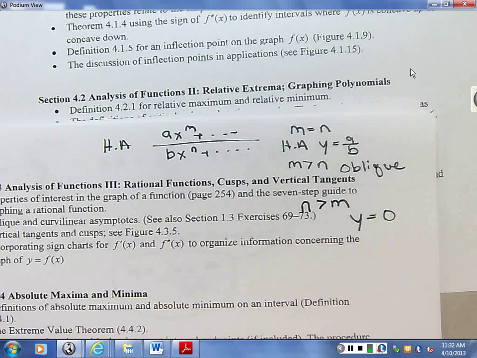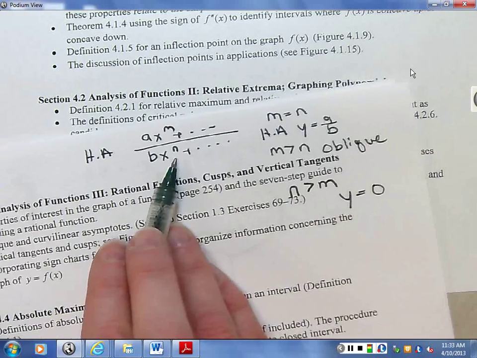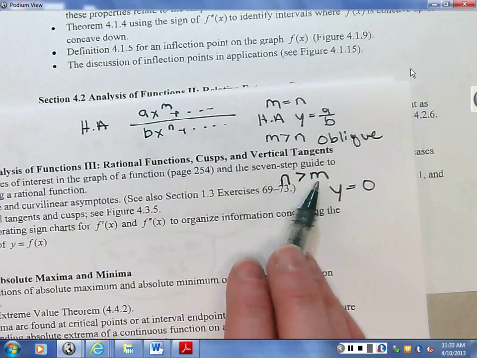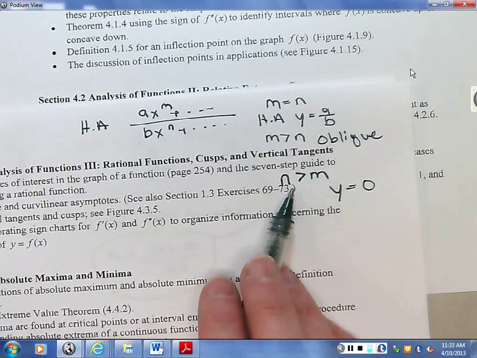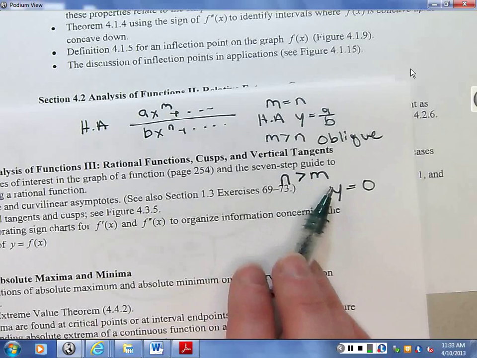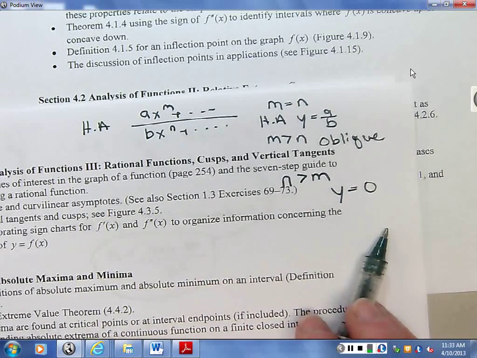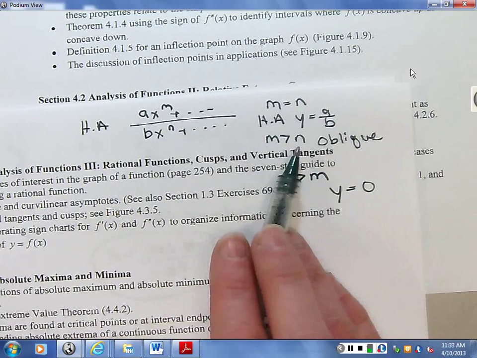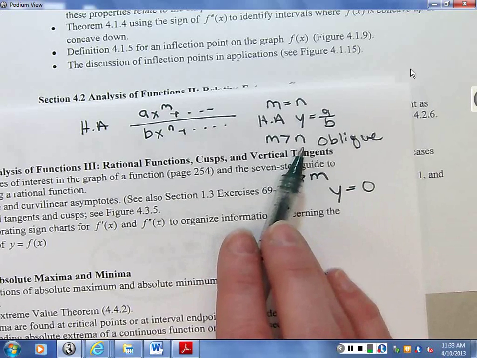Sorry, which one do you mean as the numerator and the denominator? n is the power of the denominator. So if the denominator is greater than the numerator, yes. If the power of the denominator is greater than the power of the numerator, the horizontal asymptote is at 0. If the power of the numerator is greater than the denominator, you have a potential to have an oblique asymptote.